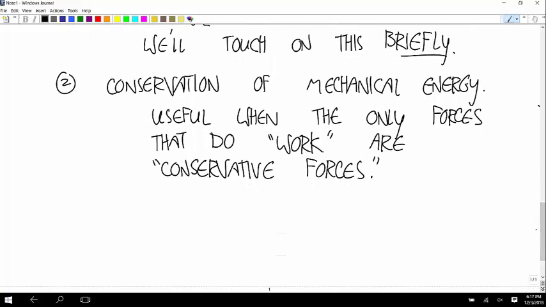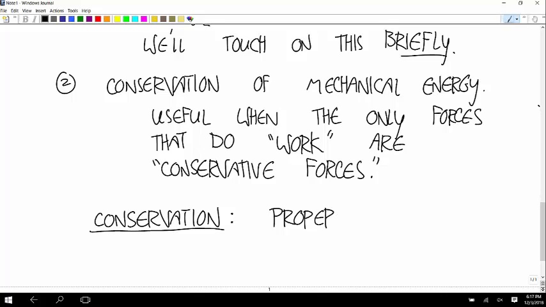Okay, so first, what does conservation mean? Conservation means properties stay the same. If you're really a conservationist, you shouldn't go around planting trees.